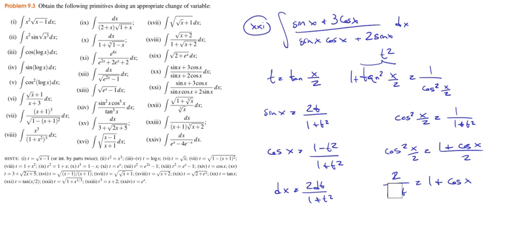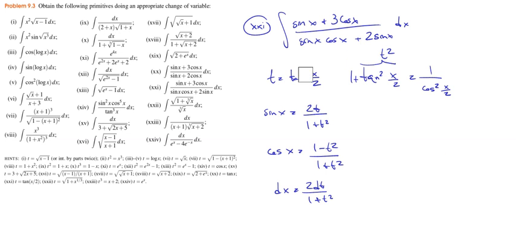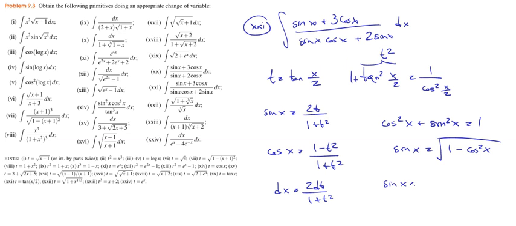Now once you have the cosine, you can get the sine by saying we know that the cosine squared plus the sine squared is 1, so the sine is the square root of 1 minus the cosine squared, and so the cosine squared is going to be 1 minus t squared squared over 1 plus t squared squared.